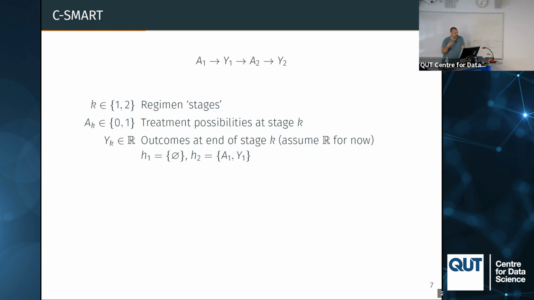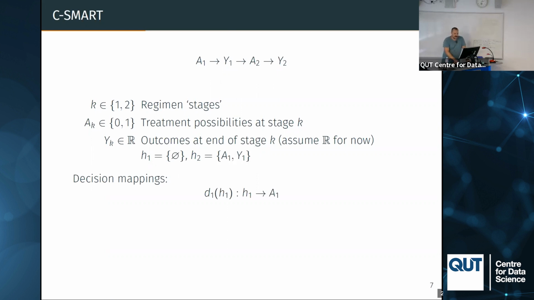And we'll also use this shorthand H for history that summarises all of the history at the point of being assigned a treatment. So in the first stage, in our context, there's obviously no history. In the second stage, we have a history of the first treatment and the treatment received in the first stage and the outcome in the first stage.